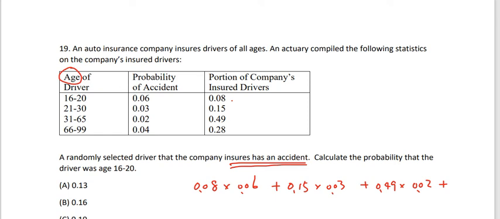And for those 28% older people, it is 0.04. So this is the probability of having a car accident.